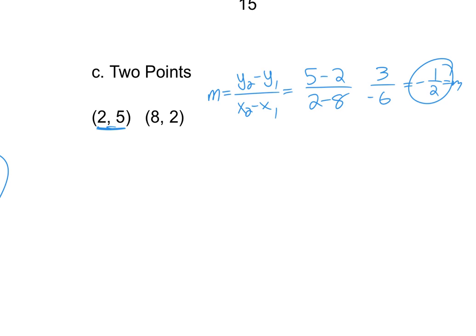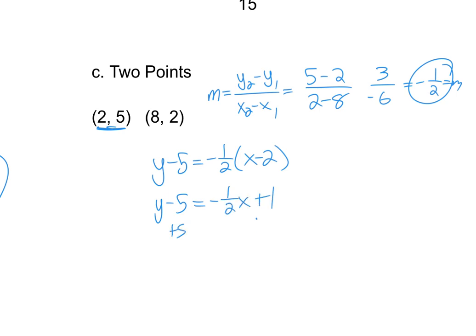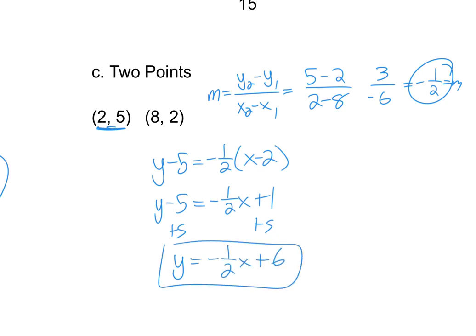Smaller numbers, positive numbers, that helps out. I go y minus 5 equals negative 1/2 times x minus 2. Now I'm going to change that to slope-intercept form: y equals negative 1/2 x plus 6. So here's my point-slope form, and there's my slope-intercept form.